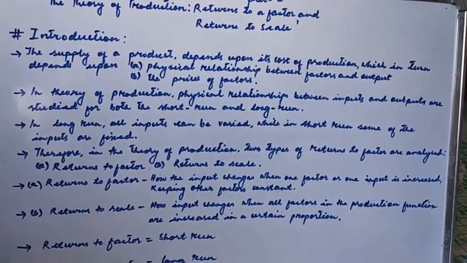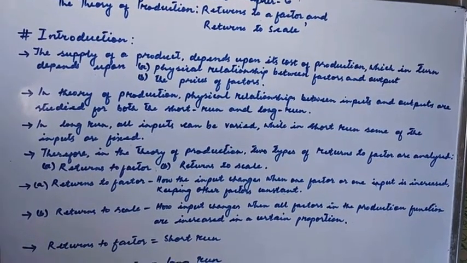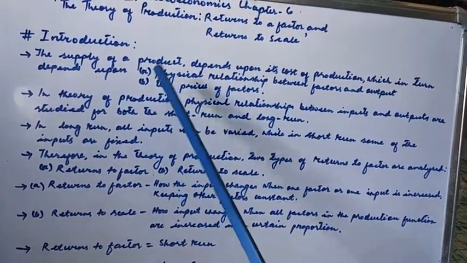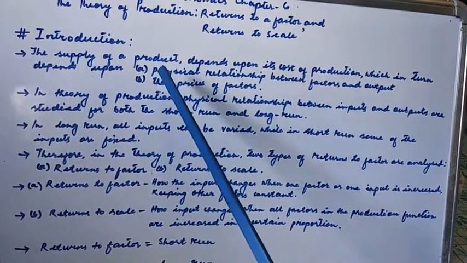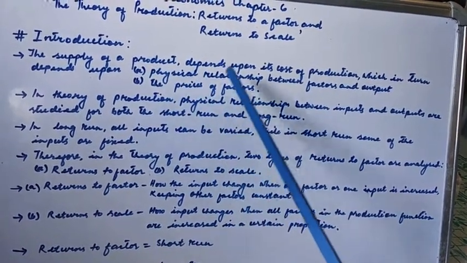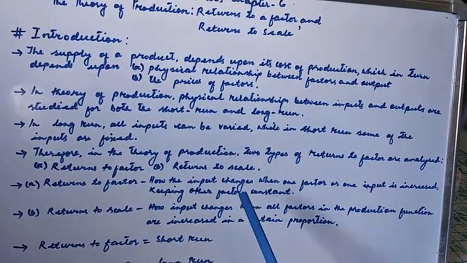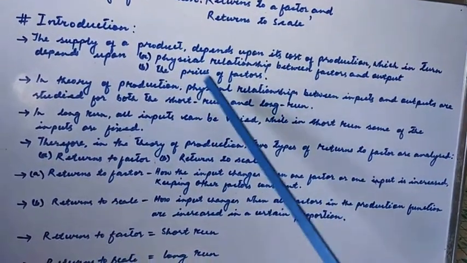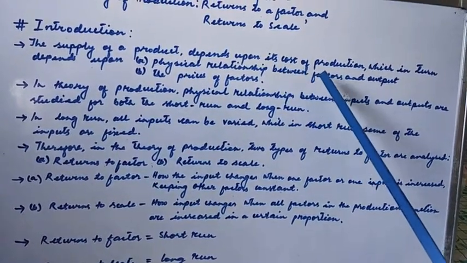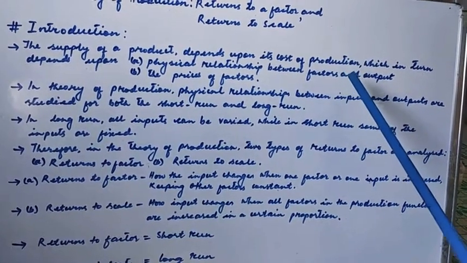So in the previous class we also discussed that the supply of a product or commodity depends on the cost of production. So again, what does this cost of production depend on?